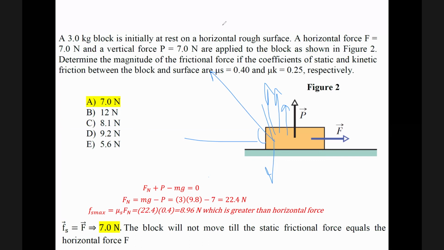Anybody has more questions? Muhammad. Yes, Doctor. Why did we say N plus B minus mg equals 0?